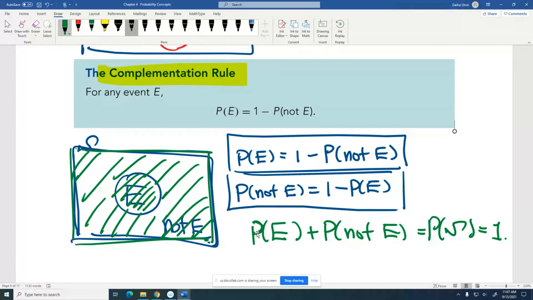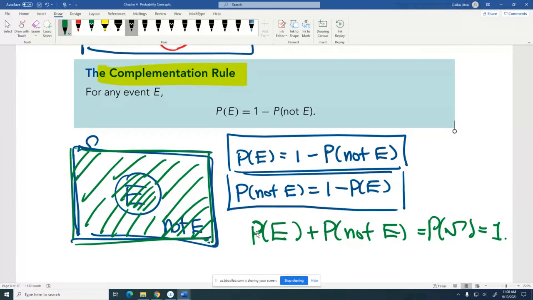But when I take E or not E, merge them together, it will be the same as the sample space. And we apply the probability of the sample space, the rectangle, which was 1. So now I just subtract the second term, the probability of not E, and we can get the first one.